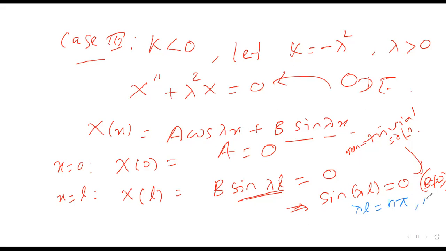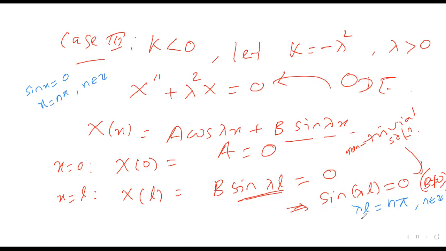So I'm choosing n for the integers. Any integer n times pi will give 0. So this is like sin x equal to 0, where x can be any n pi, n belongs to integers.